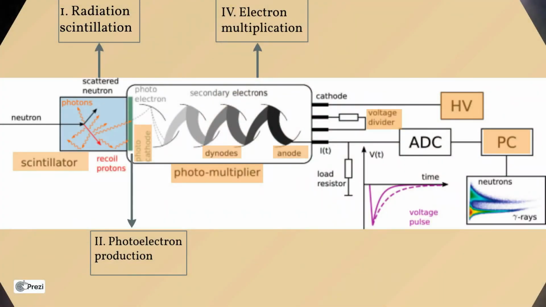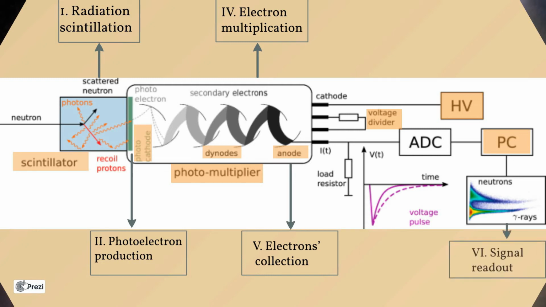After the electron multiplication process, these multiplied electrons are collected by the anode, which is located near the last dynode. The last step is the signal readout. The output current at the anode of the photomultiplier tube can be directly measured by a current measuring device.